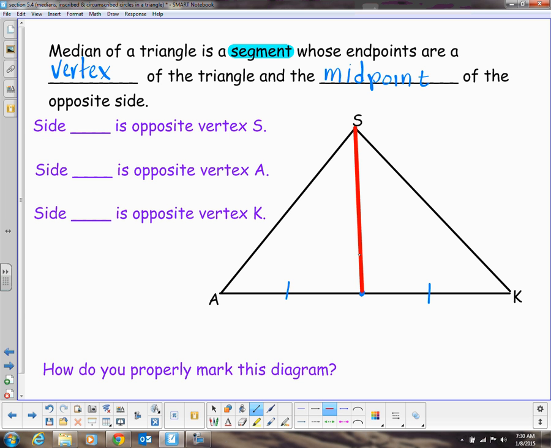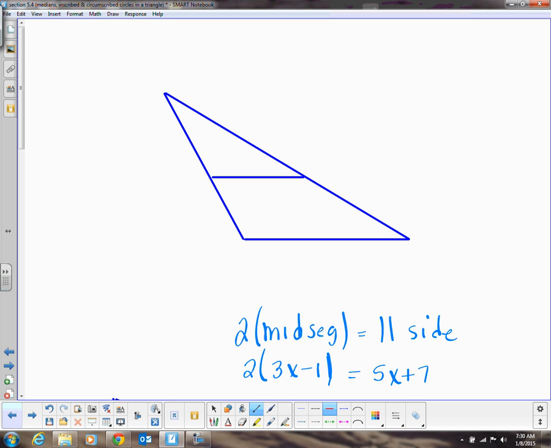How does this differ from a mid-segment? Mid-segment is parallel to one of the 3 sides. Is this parallel to anything? No. And in fact, if we go back, let's look at this. This is a mid-segment. Do either one of these endpoints of this mid-segment start on a vertex?